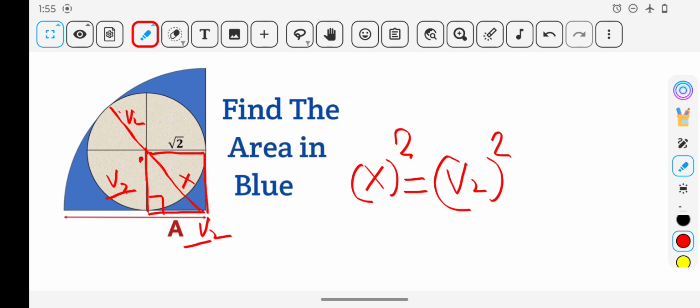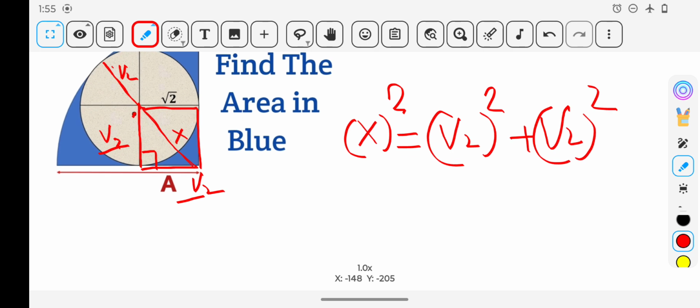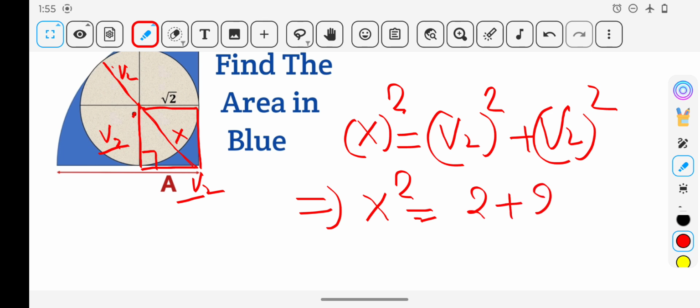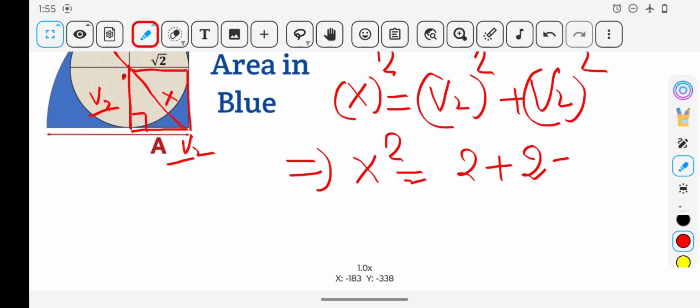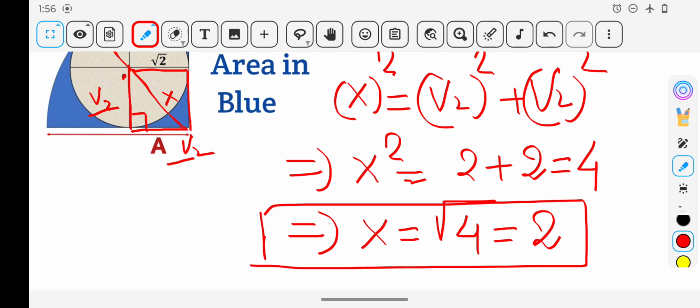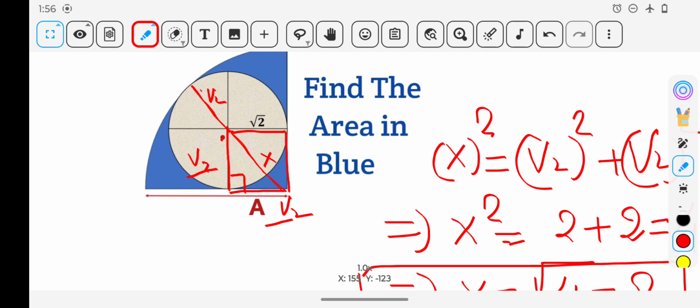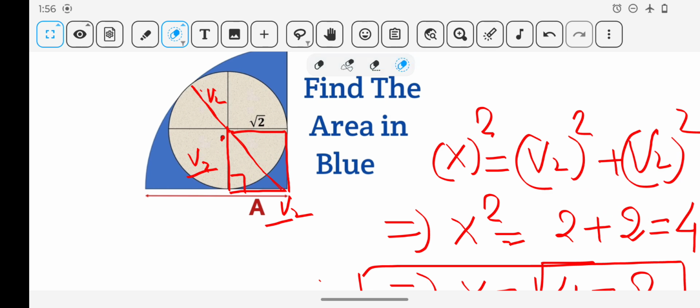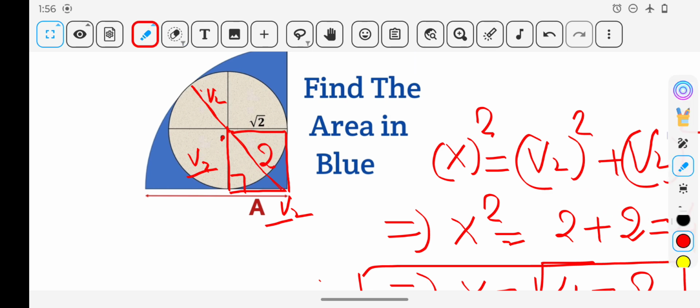That means x square equals 2 plus 2 equals 4. So x equals the square root of 4, that is 2. So this x has become 2, and let's write 2 instead of x.